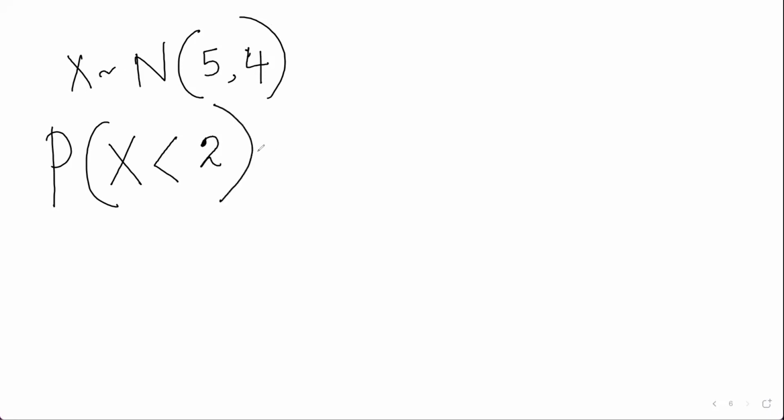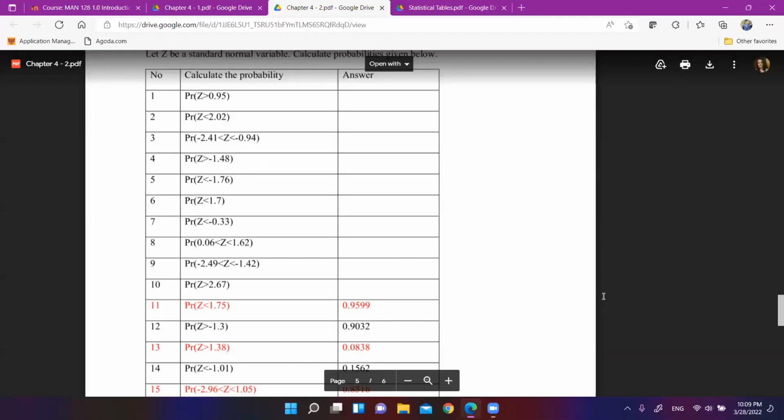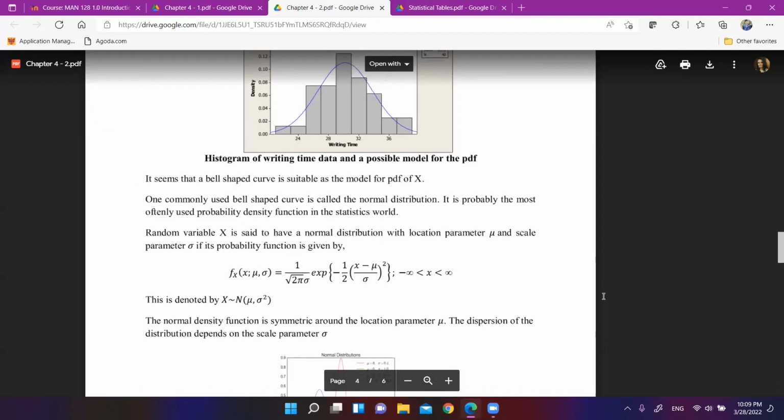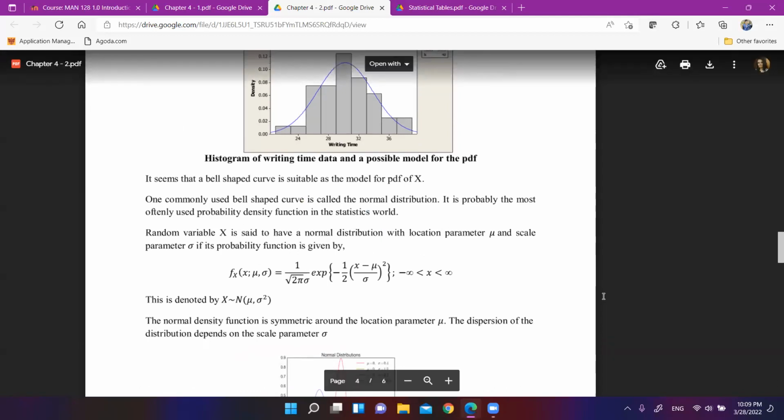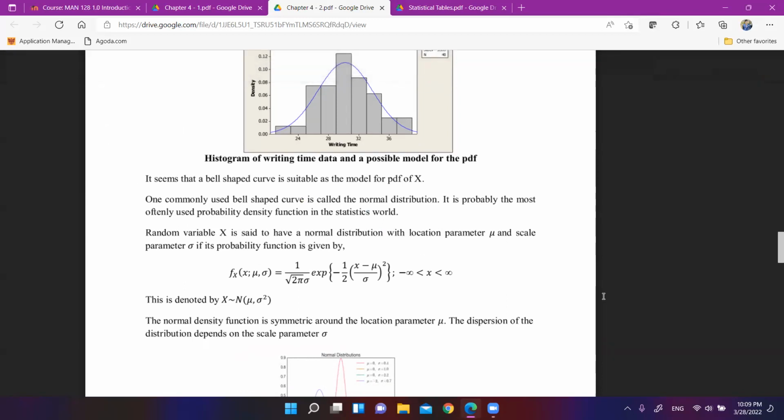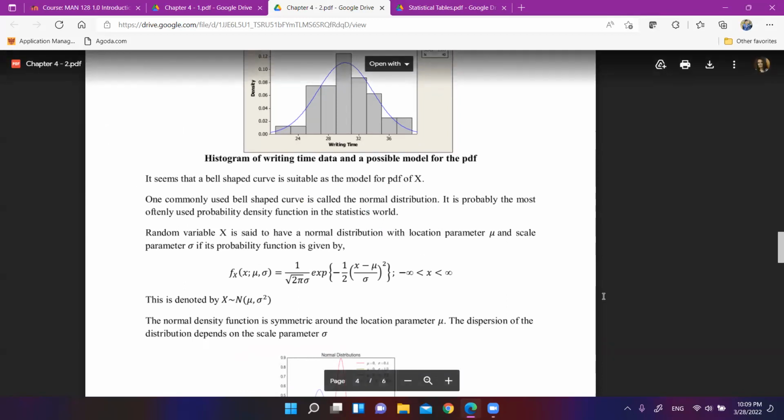Now we cannot use the long formula, because that is the PDF, and we don't know how to integrate it from negative infinity to 2. We can't do it. So we have to standardize as the first step.